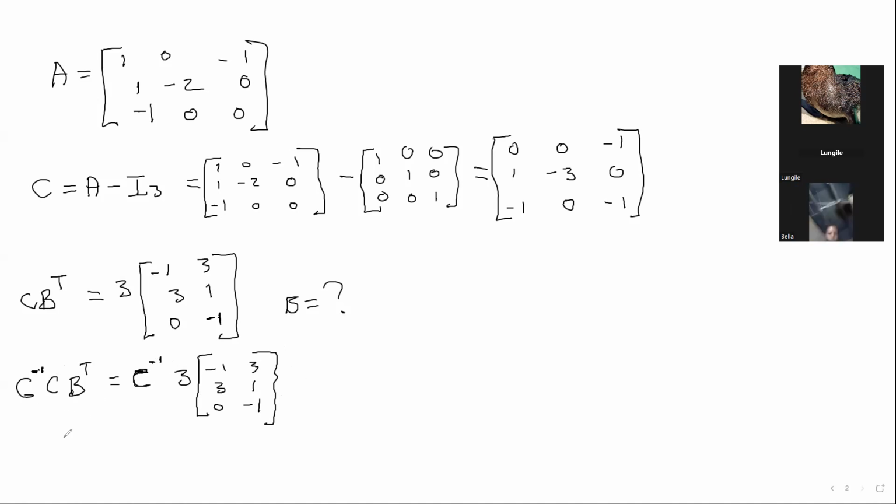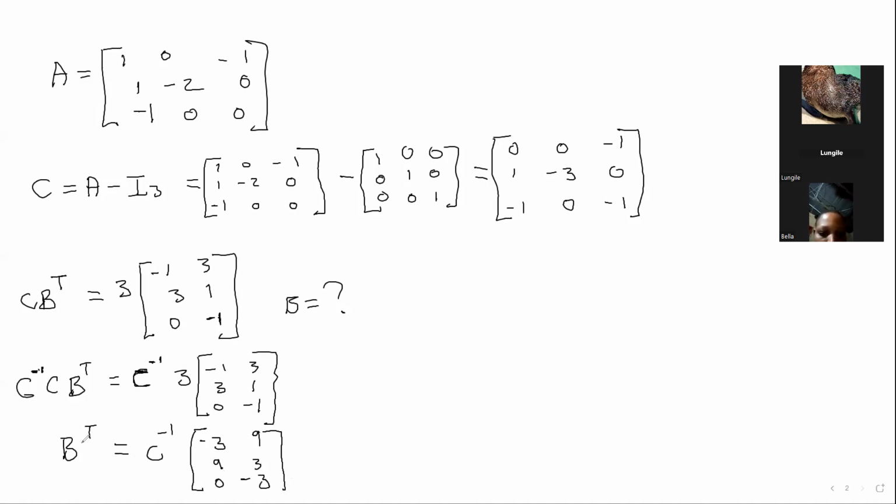And then you've got a BT here. C minus 1. Let's just combine everything here. Minus 3, 9, 9, 3, 0, minus 3, right?